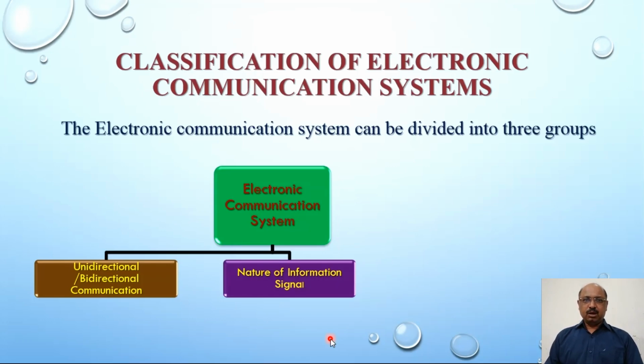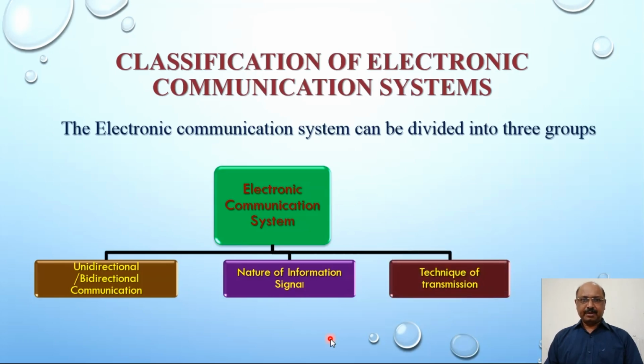The second group is based on the nature of the information signal. And the third is based on which technique is used for transmission. Now, these three groups are further divided into subcategories. Let's see in the flow chart.